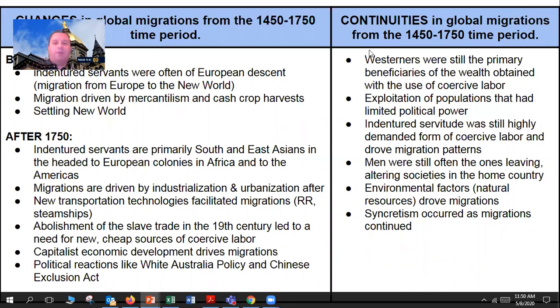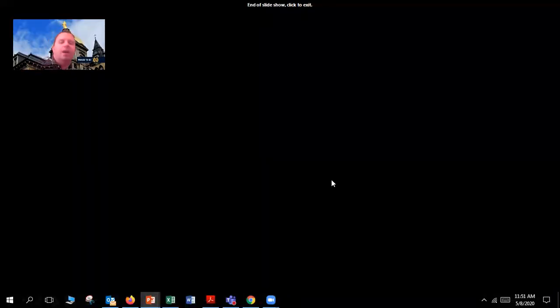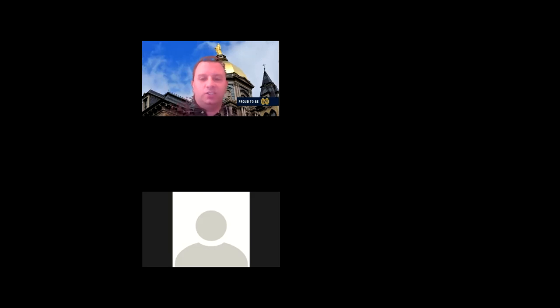The Western powers, the Western Europeans and the Americans are still the primary beneficiaries, okay? Men are still primarily the ones leaving, and then things like environmental factors are still driving a lot of this migration, okay? And then we know, of course, also syncretism is still taking place, or still was taking place on a very large scale.